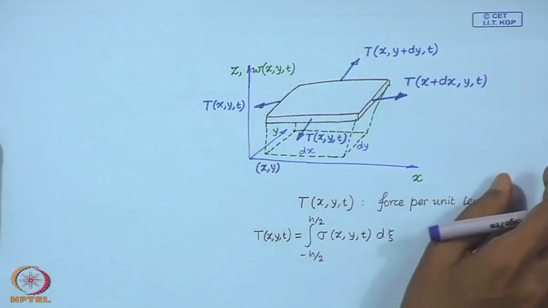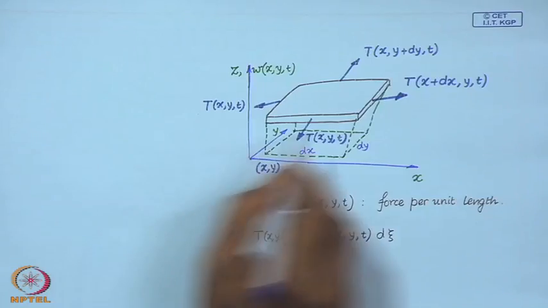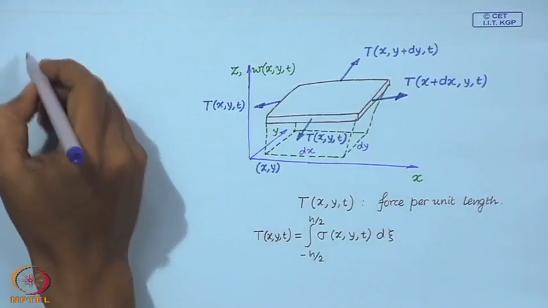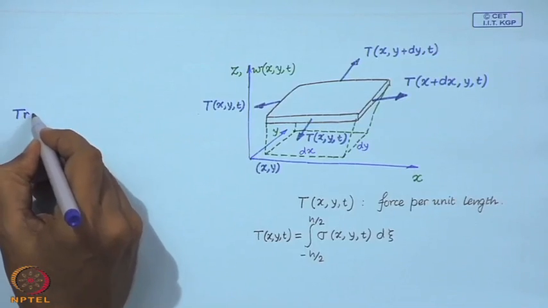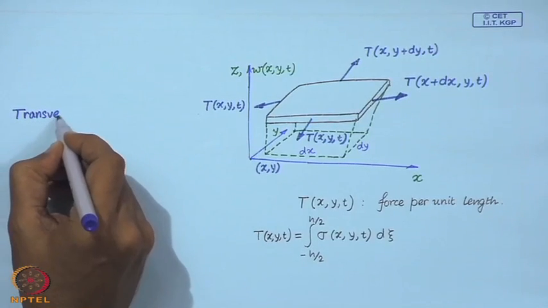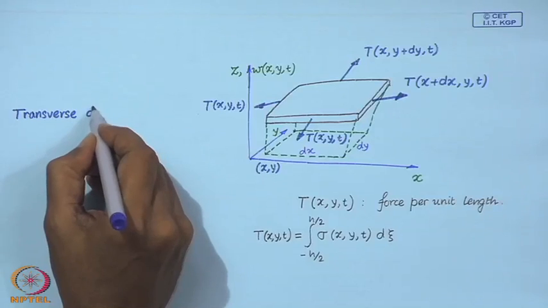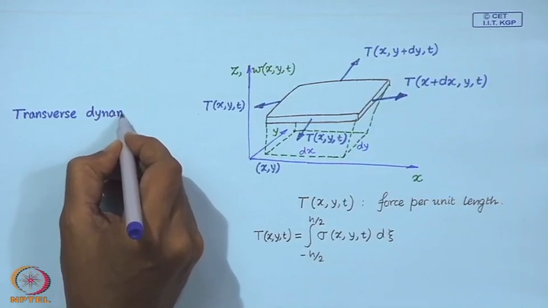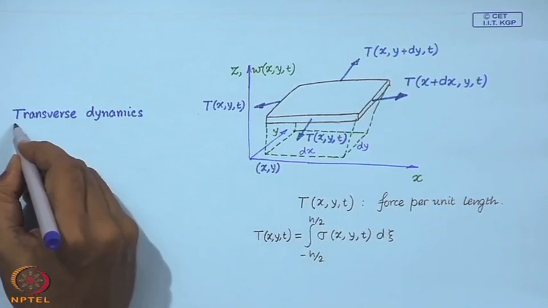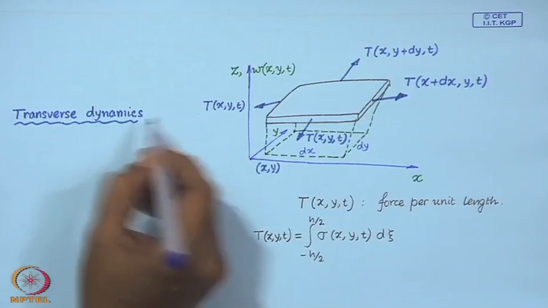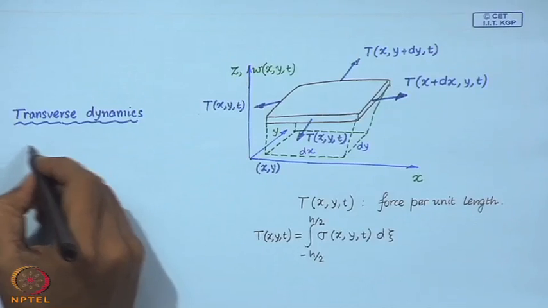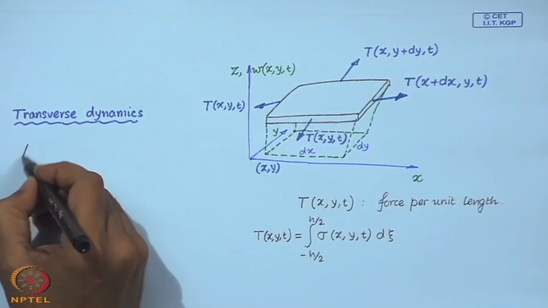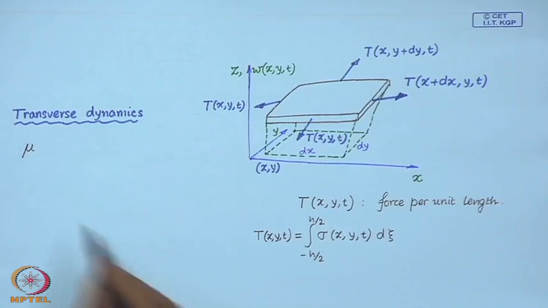So, let me consider this little element and the transverse dynamics. Let mu be the mass per unit area.